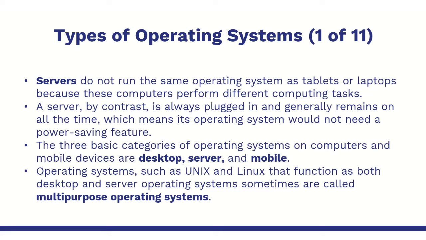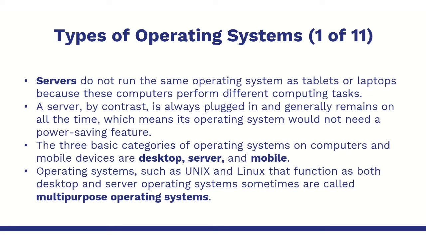But they emphasize the jobs specific to the server, such as keeping the web services and web application server running, and processing timed jobs. Operating systems such as Linux or Unix that function as both desktop and server operating systems are sometimes called multi-purpose operating systems.